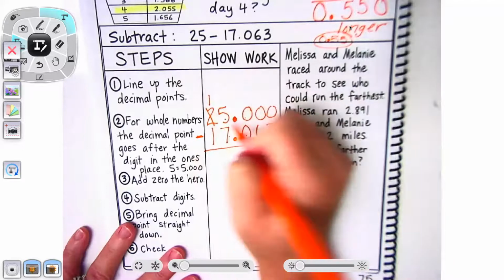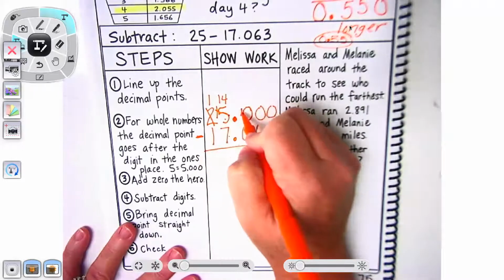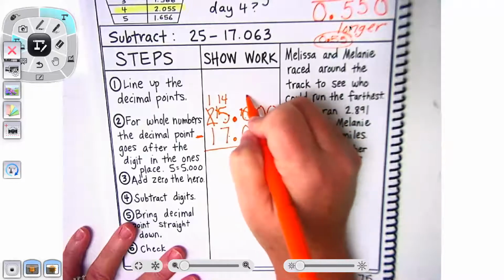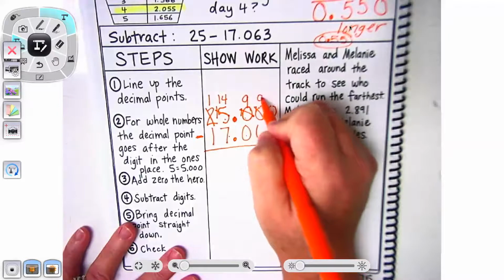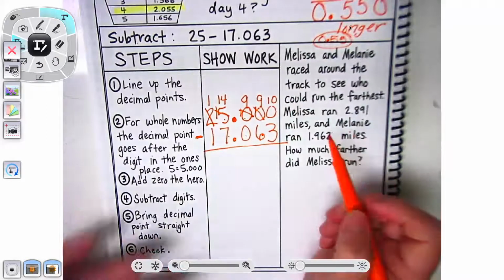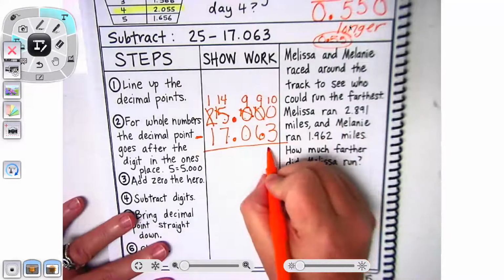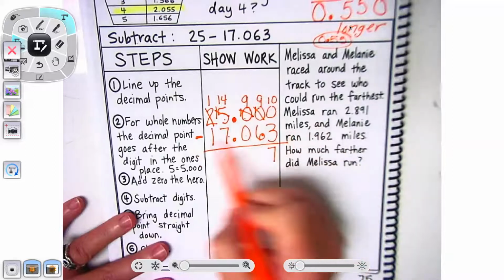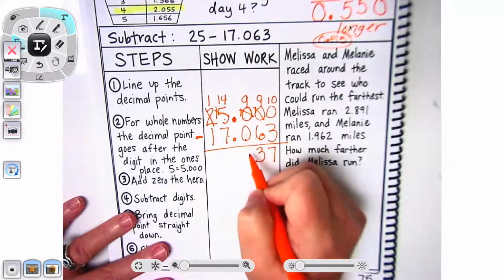Make this a 1. This is going to be 15, but we got to help our buddy. So we got to make this 10. But our next buddy needs help. So we make that a 9 and this a 10. Our next buddy needs help. So then we have to make that a 10. Okay. So now I can finally subtract. 10 minus 3 is 7. 9 minus 6 is 3. 9 minus 0 is 9.